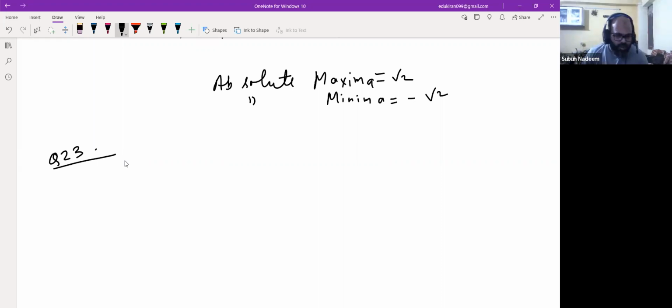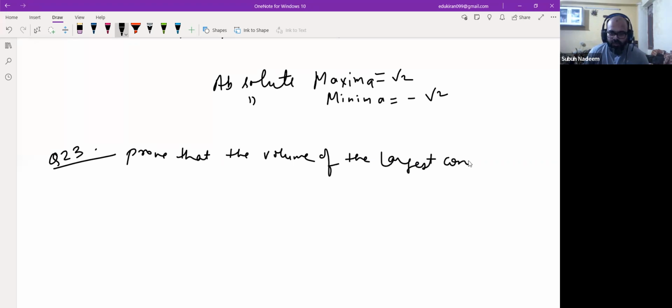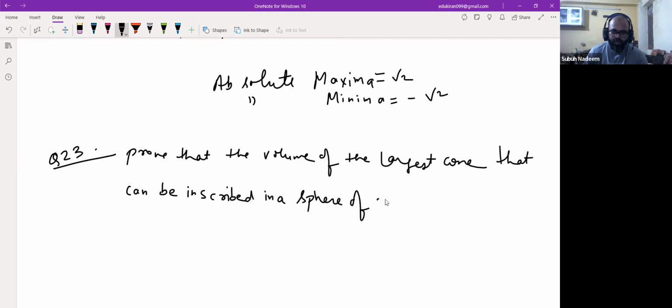So prove that the volume of the largest cone that can be inscribed in a sphere of radius r is 8 by 27 of the volume of this sphere.